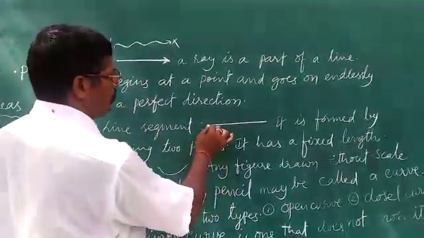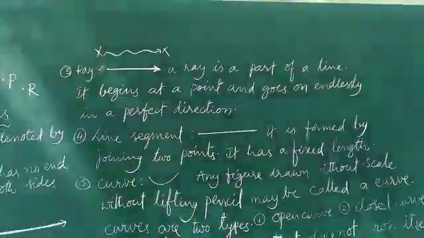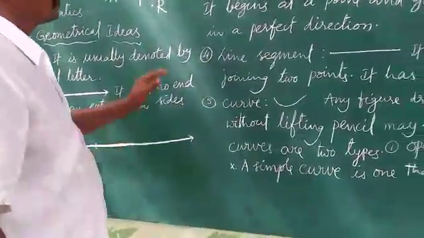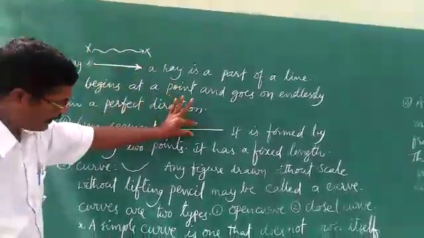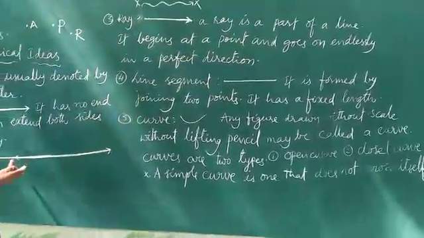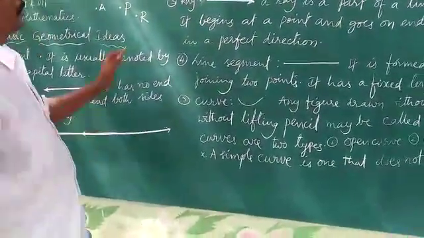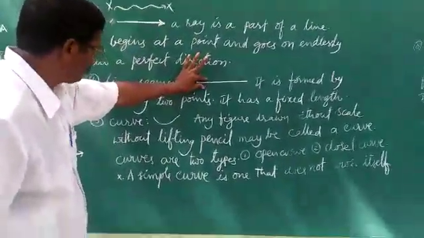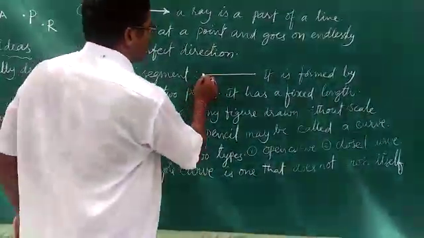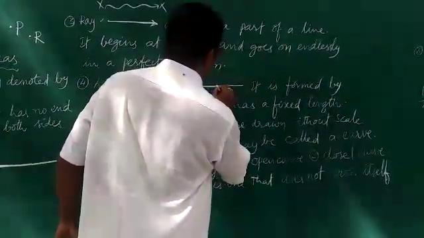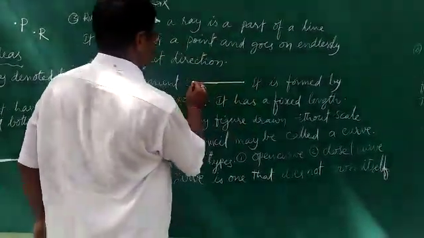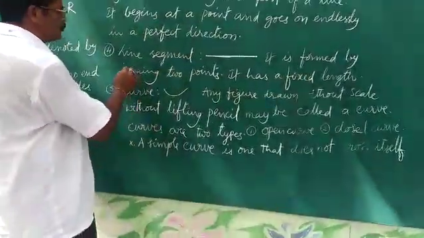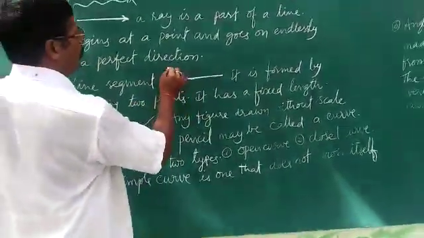Next one, line segment. See the difference between ray, line, and line segment. This is a line, this is a ray and this is a line segment. A line segment has two endpoints. It is formed by joining two points.